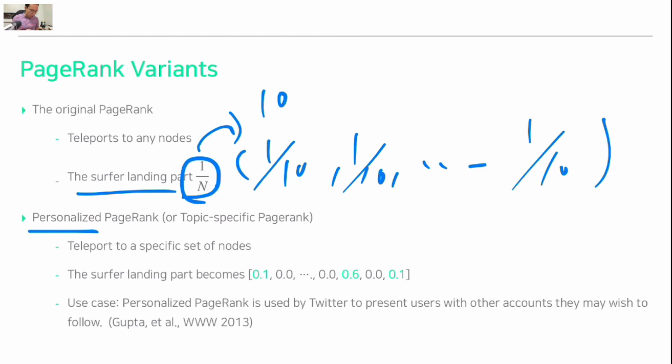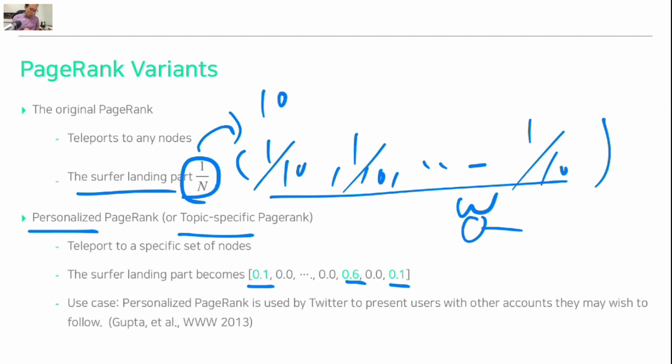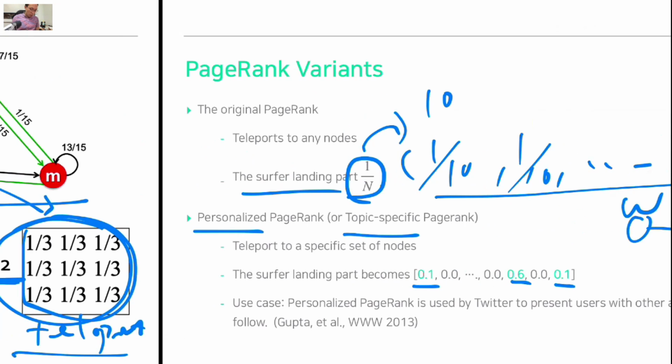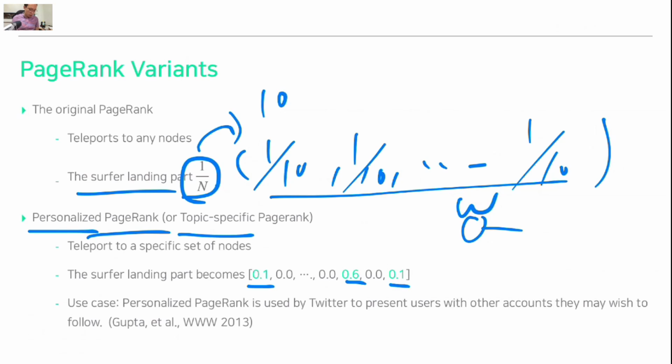Personalized means they randomly jump to some specific part. It corresponds to maybe the preference of the system, or some topic-specific setting when you assume that the node represents a word, right? Which is called personalized. It makes sense, right? And actually, in Twitter, they recommend some people to follow, right?